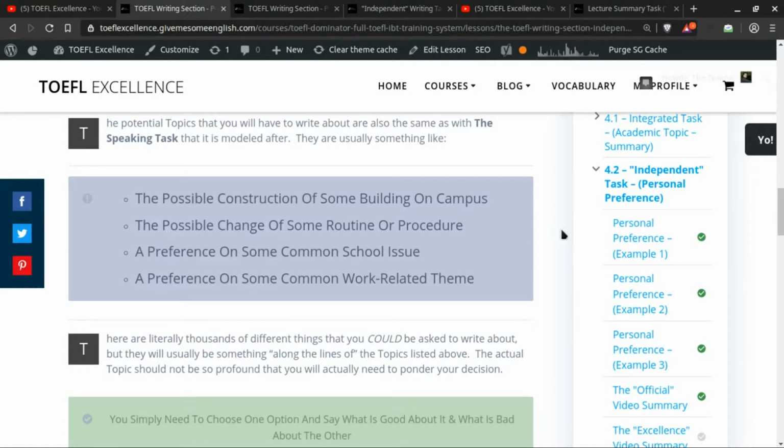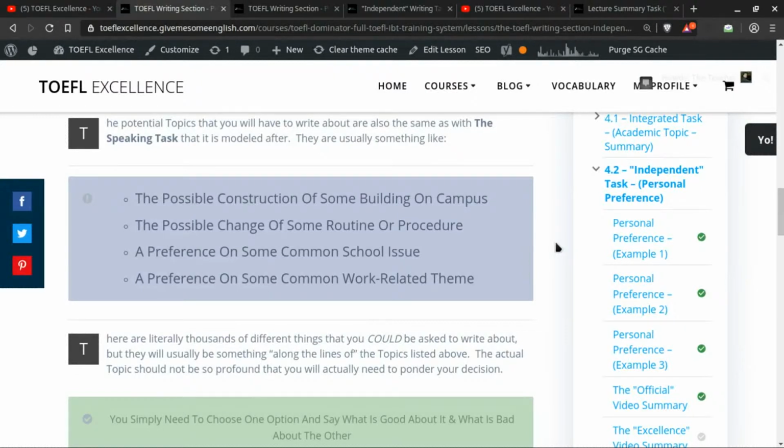One good thing about the option that you did choose, and at least one bad thing about the option you didn't choose. And then structure your response the same way as you would in the speaking task. State what the situation is. Maybe state what other people might choose, but then why you choose this other idea.